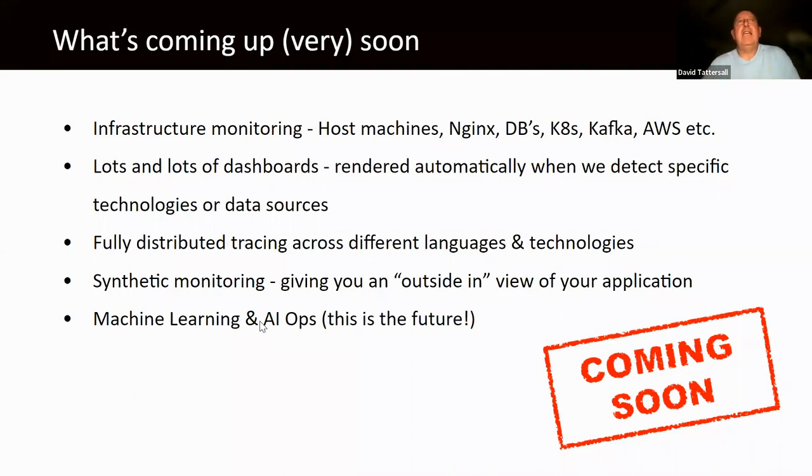And then finally, this machine learning stuff, and this is the future. That's why we're looking at that now, and we're putting focus into that, because that capability is going to be a game changer. Just having the data and being able to analyze it and then make recommendations or set alerts. And in the future, who knows, maybe actually automatically fixing your applications, using the power of machine learning.